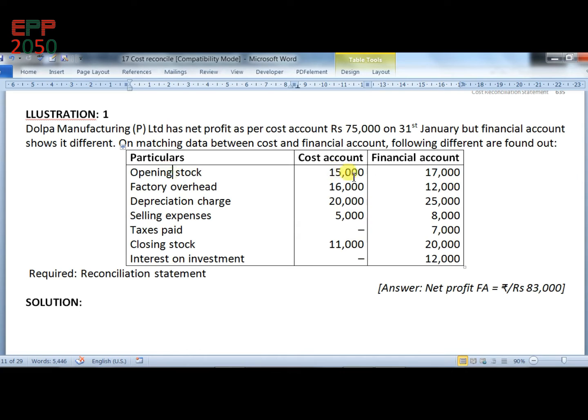So opening stock 15,000, 17,000, factory overhead 16,000, 12,000, depreciation 20,000, 25,000, selling expenses 5,000, 8,000, tax paid only recorded in financial account. If there is not any type of transaction in cost account, it means only recorded in financial account.